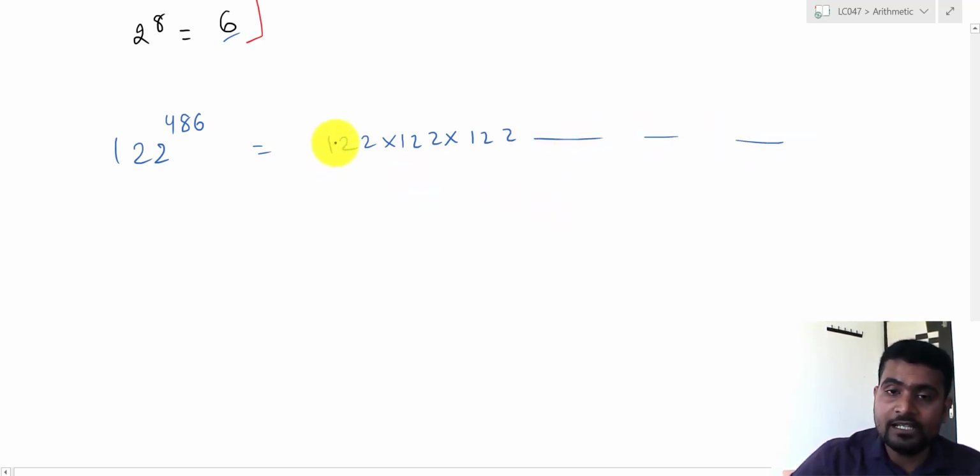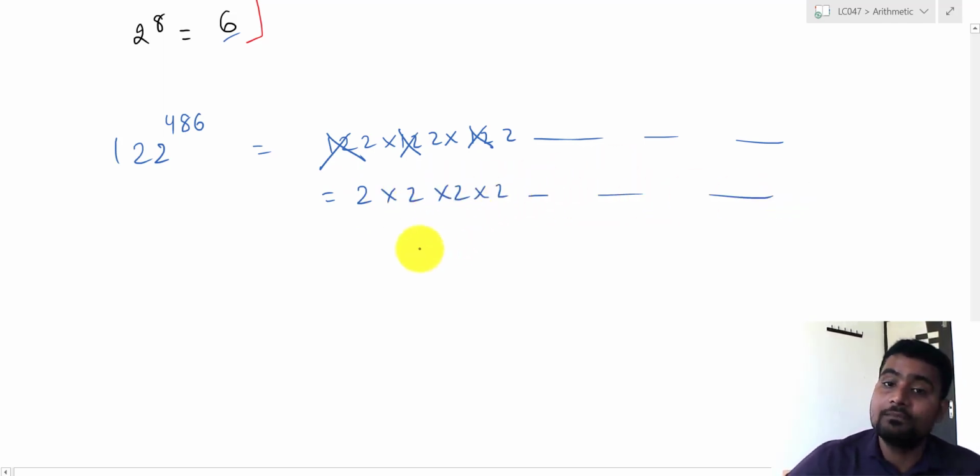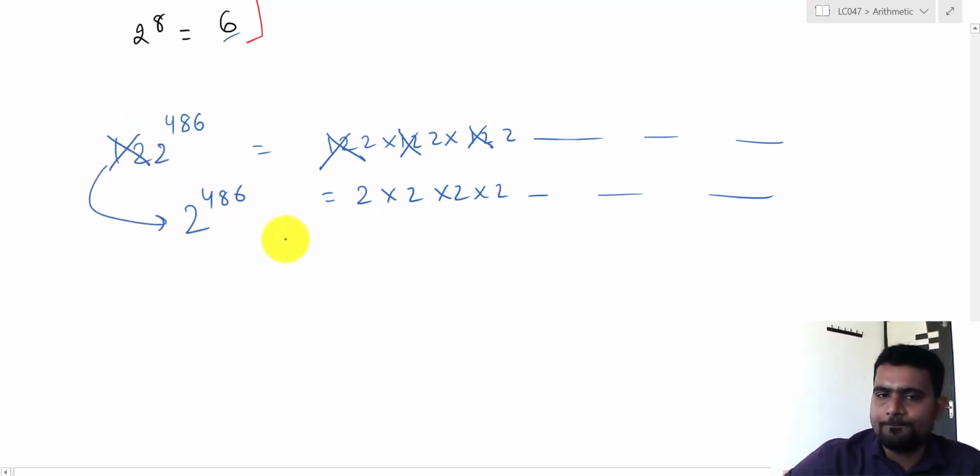But if you have to find a unit digit, you can neglect all the digits other than the unit digit. So it is 2 into 2 into 2 into 2 and so on, 486 times, so I can consider this as 2 raised to power 486. I can neglect the rest.